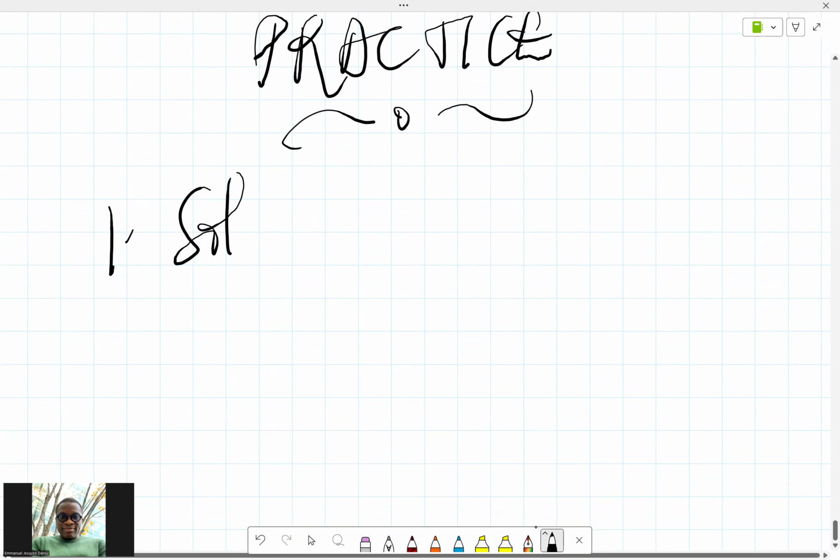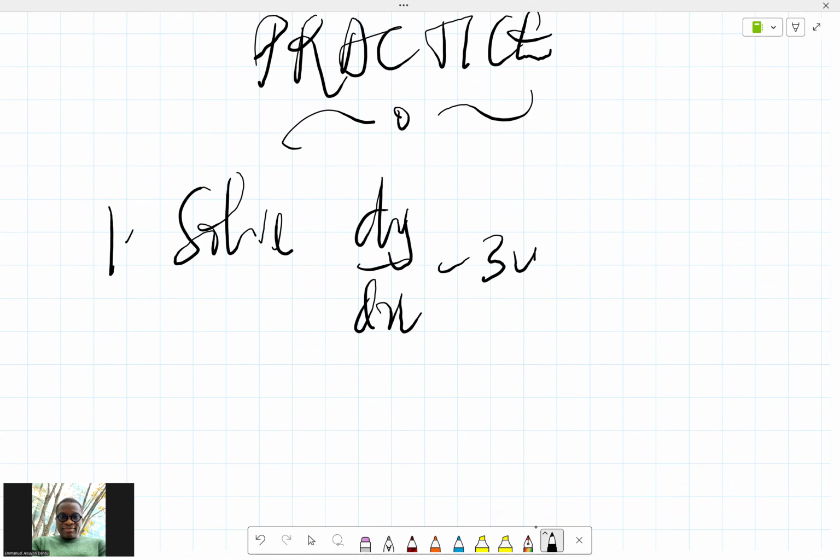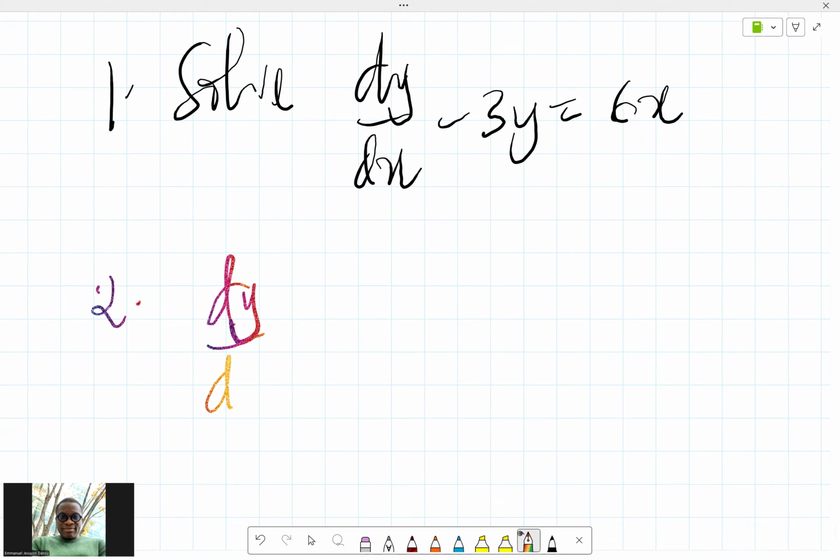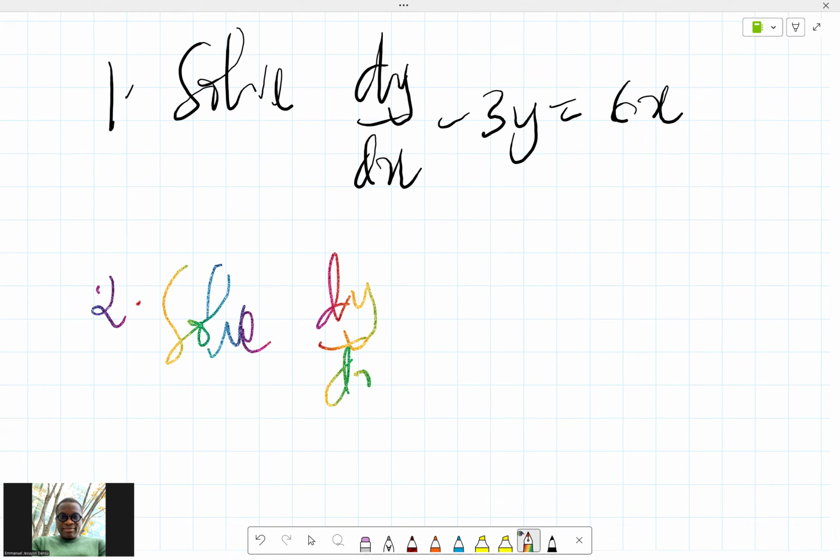1, solve dy dx minus 3y equals 6x. So here P of x is -3 and Q of x is 6x. Okay. And then we have 2, solve dy dx plus 4y equals 2e raised to minus 2x.